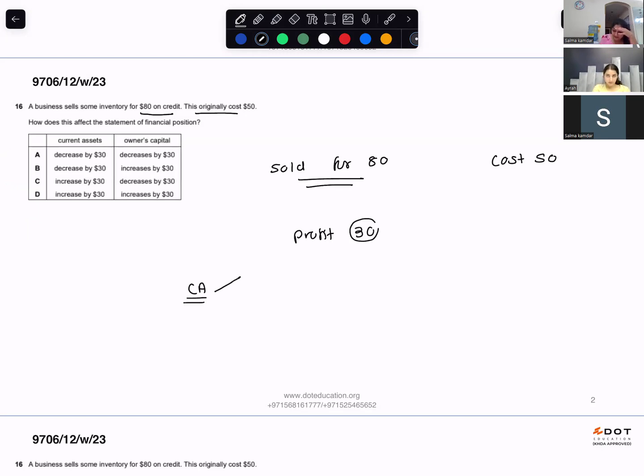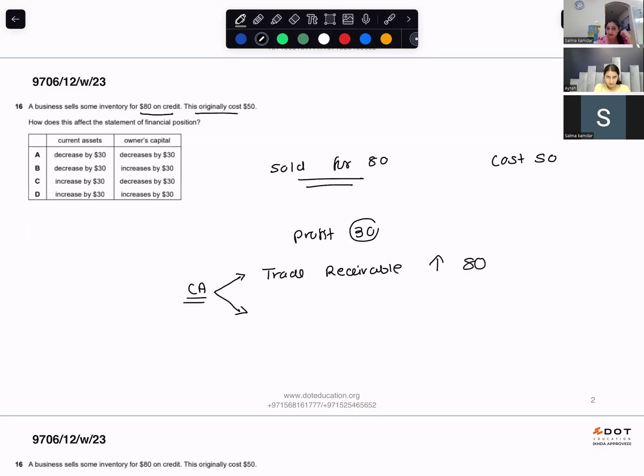Current assets, which are the things that will get affected? Trade receivables will go up because you're selling it, for how much? 80.